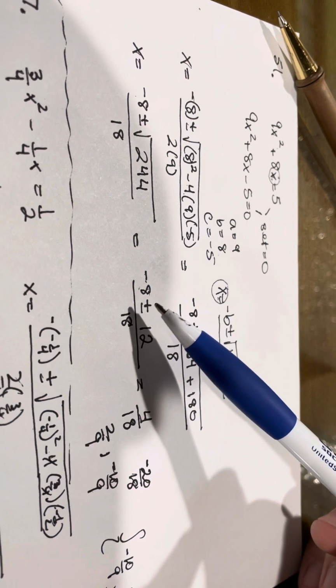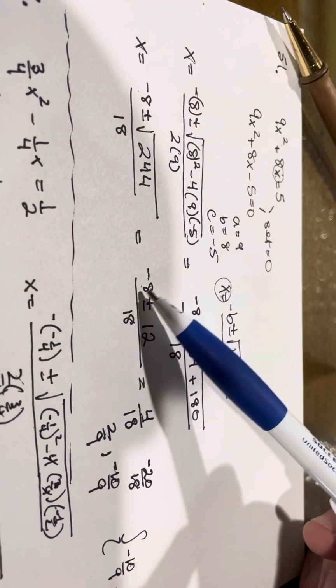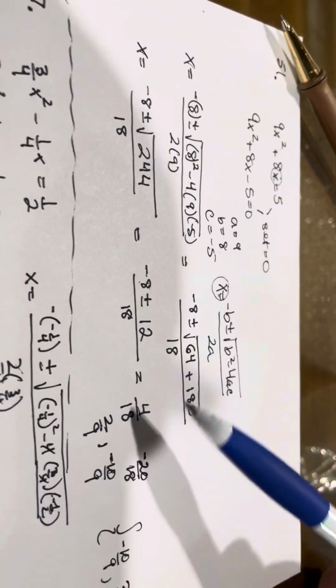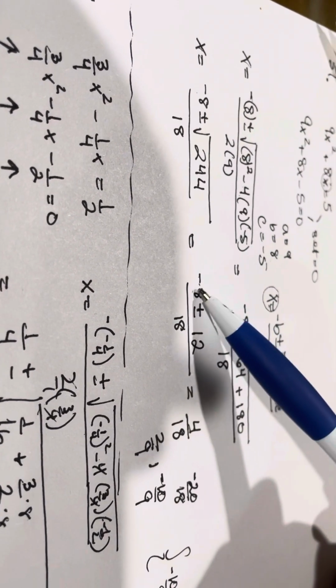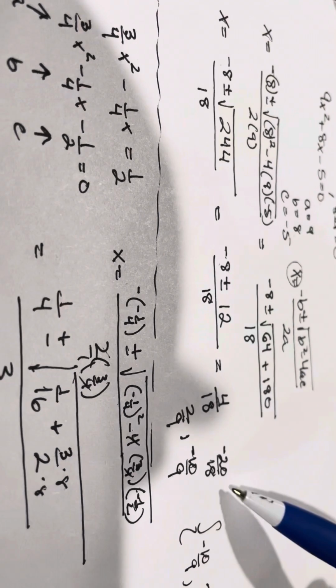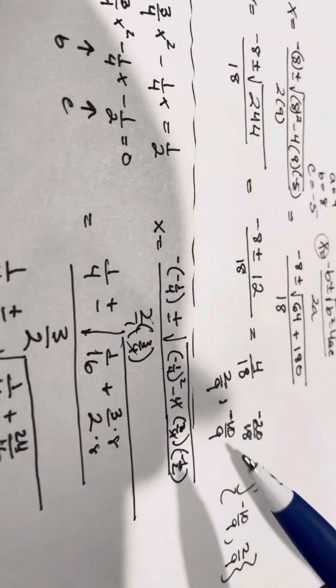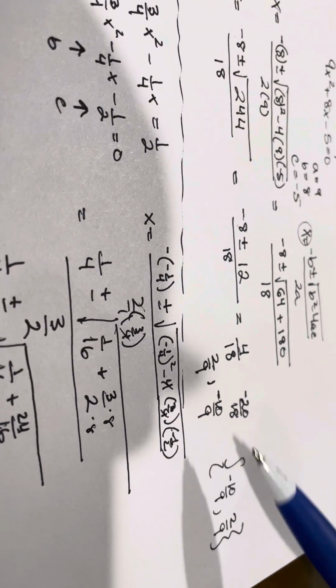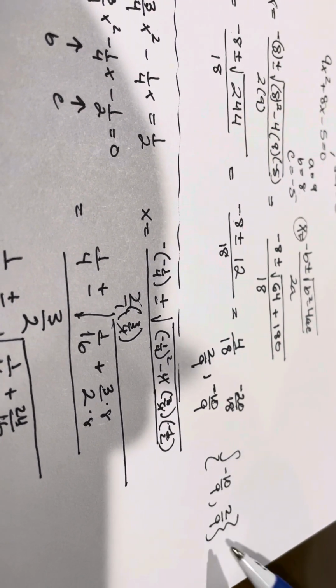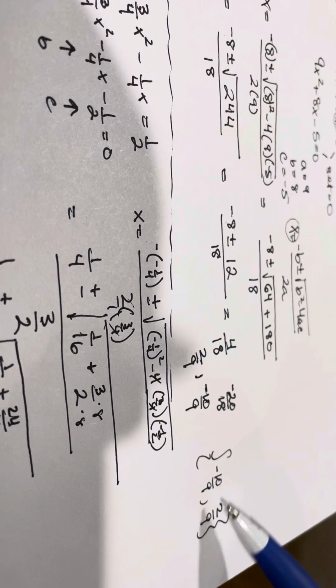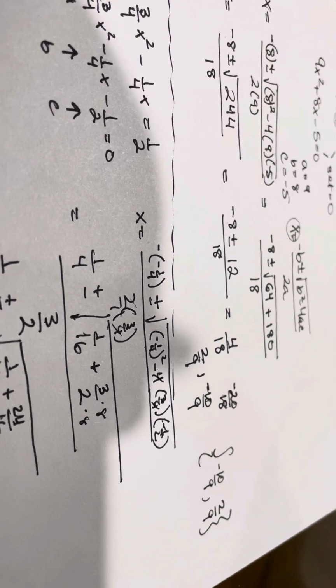Negative 8 plus 12 gives me 4 over 18, and negative 8 minus 12 gives me negative 20 over 18. Then I reduce, and I put them in order in my solution set from left to right. So negative 10 ninths, or you might write negative 1 and 1 ninth, and then 2 ninths.